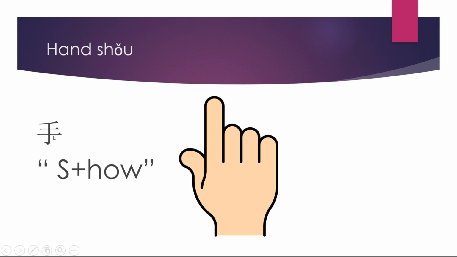The folded fingers don't really matter, but at least it is close enough to make sure you understand this is similar to a hand. And I feel this is a much better way to learn this character. And hand is nothing but shou, and it's written in Chinese like this, and it's related to hand. It's spoken as shou. Great.